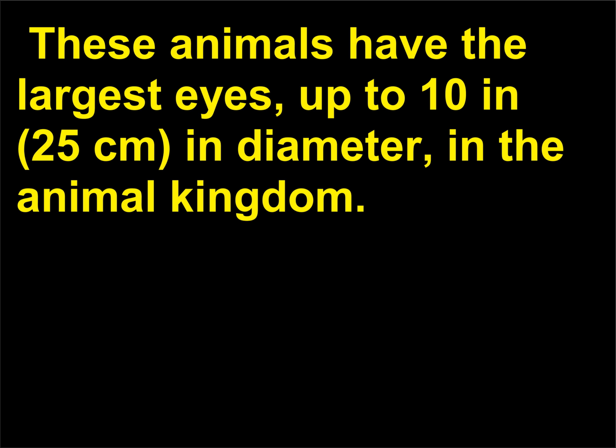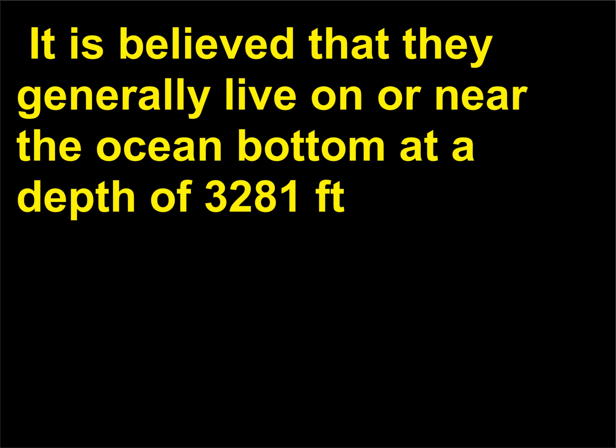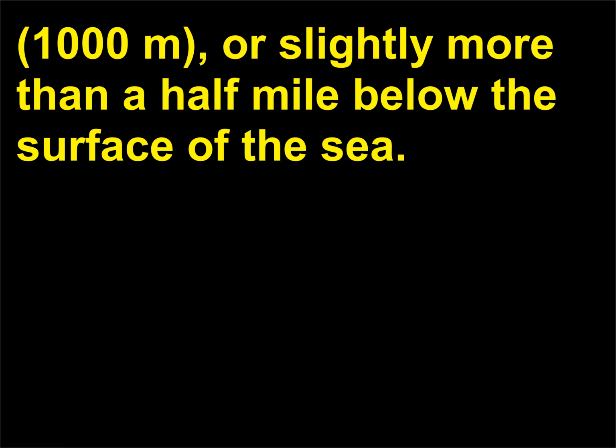These animals have the largest eyes, up to 10 in, 25 centimeters, in diameter, in the animal kingdom. It is believed that they generally live on or near the ocean bottom at a depth of 3,281 feet, 1,000 m, or slightly more than a half-mile below the surface of the sea.